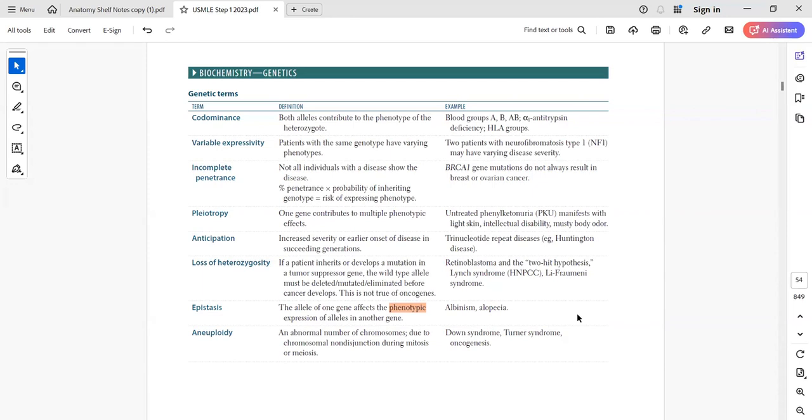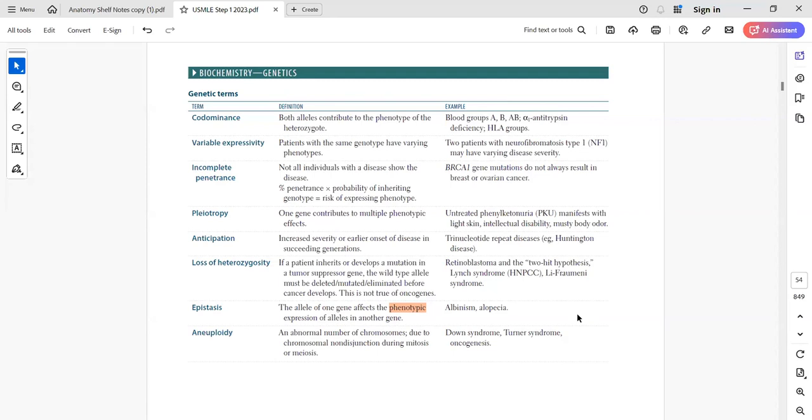All of you know albinism is whitening of the skin, alopecia is balding. In some men or women, alopecia is to some extent, but in some men, alopecia is to an extent where they go completely bald, right? So that is epistasis. There is alteration of genes in a way that the phenotype of the gene is disturbed, which is the physical aspect.